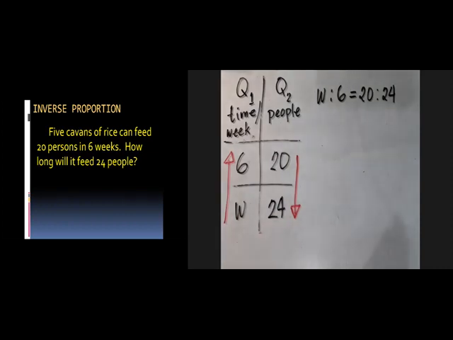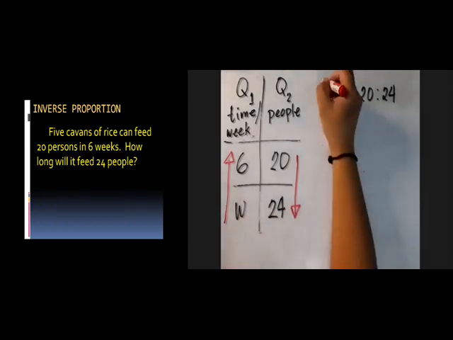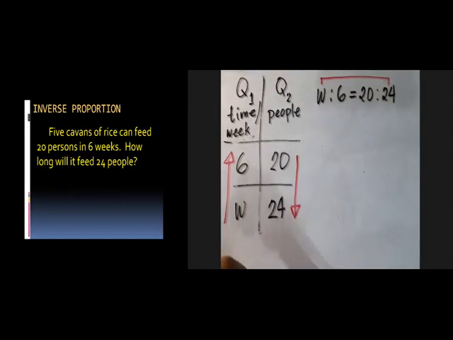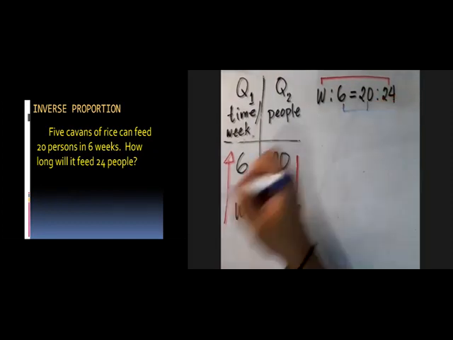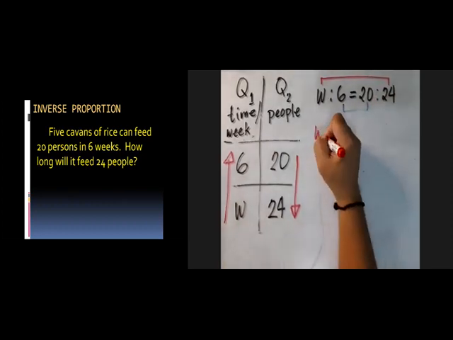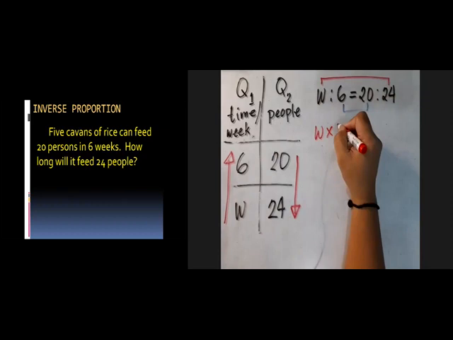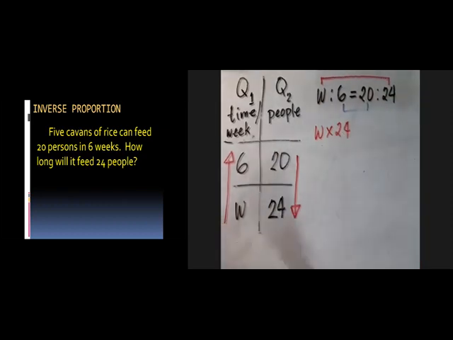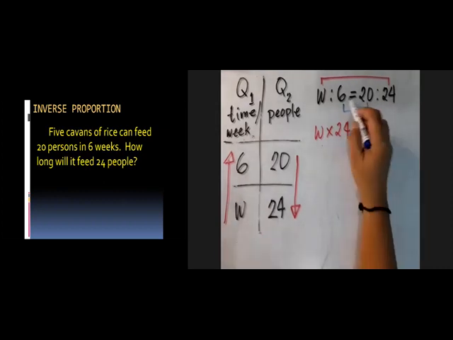Now, let's multiply our extremes and our means. Our extremes W and 24 will be W times 24 equals yung ating means, which are 6 and 20.